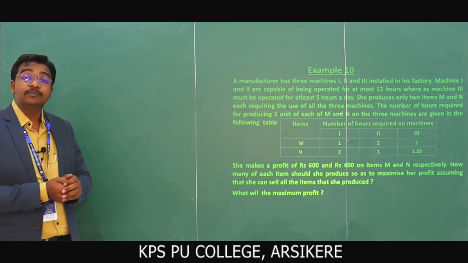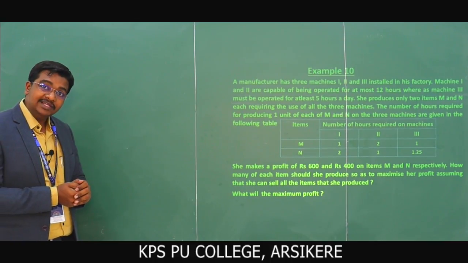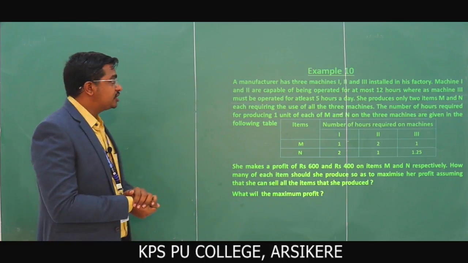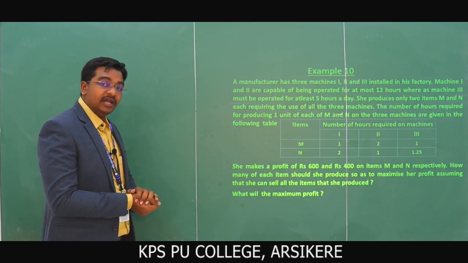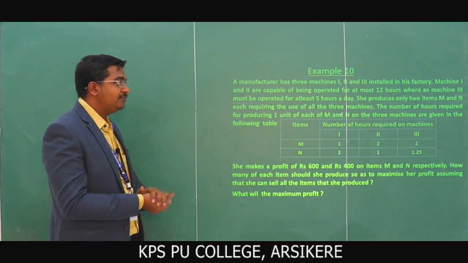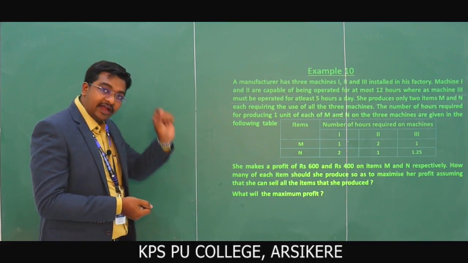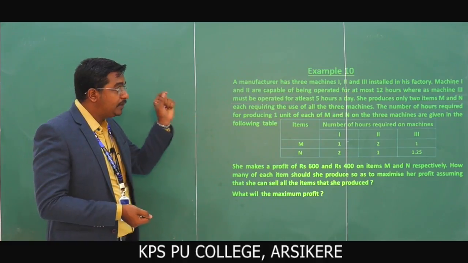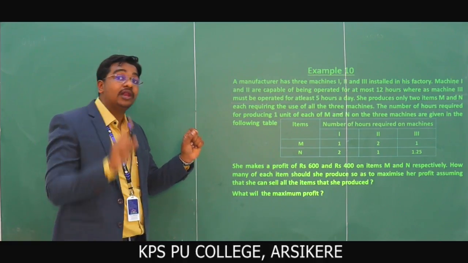Now look at example 10. This is also very important from the exam point of view. So look at the problem here. A manufacturer has 3 machines 1, 2 and 3 installed in his factory. Machine 1 and machine 2 are capable of being operated for at most 12 hours.